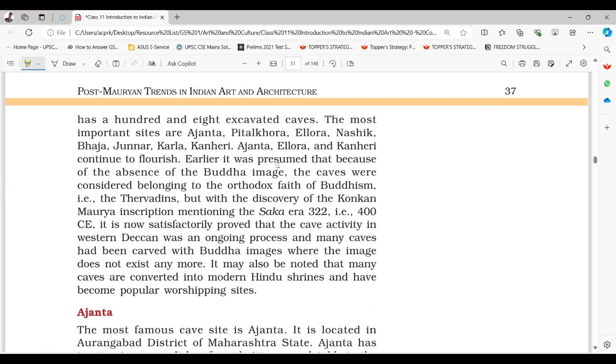Earlier, it was presumed that because of the absence of Buddha images, the caves belonged to the orthodox faith of Buddhism, that is the Theravadins.